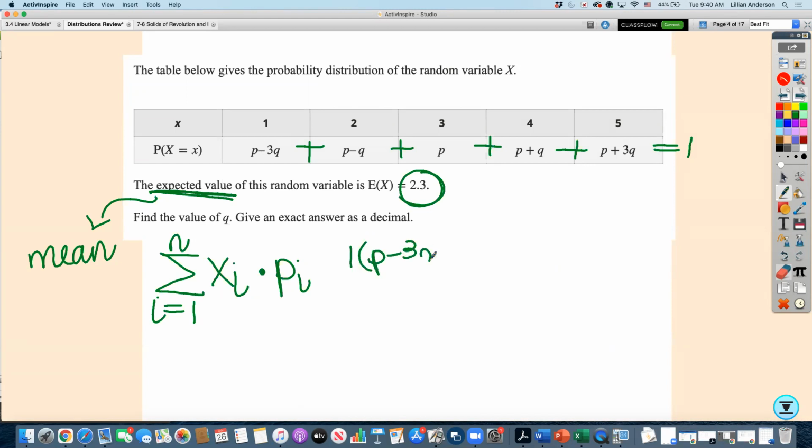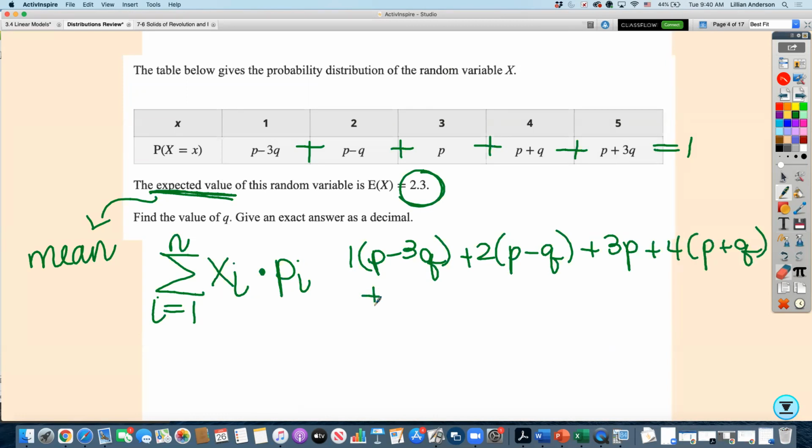That's how you had to do this one. All of these should equal your expected value of 2.3.